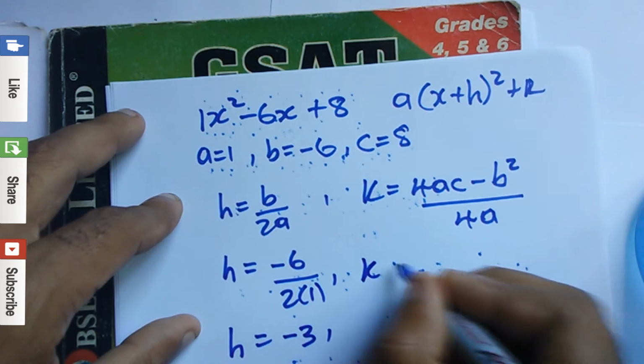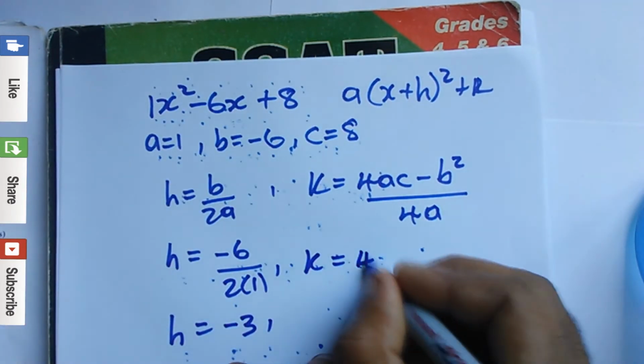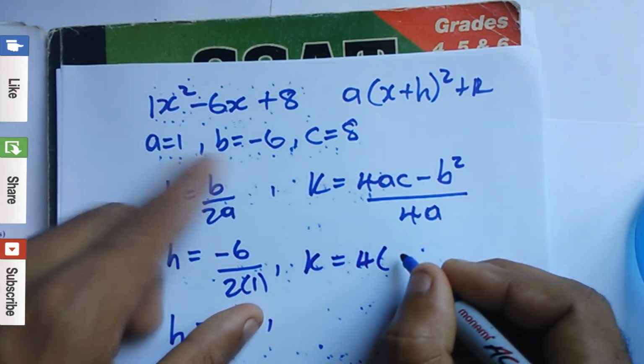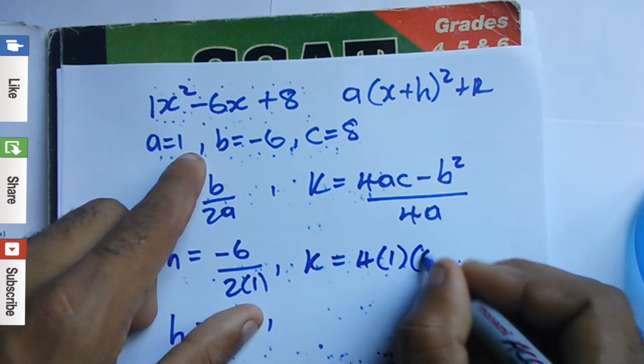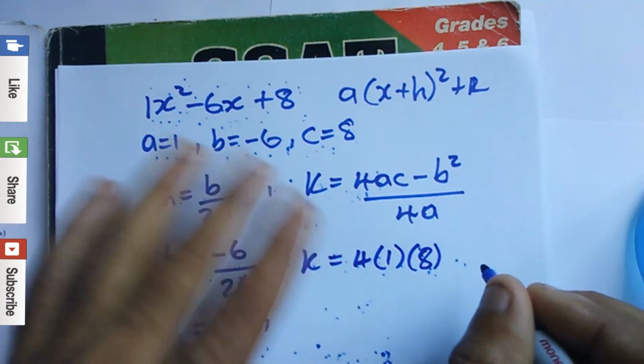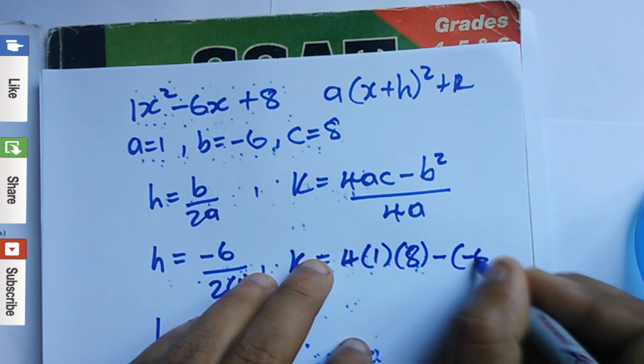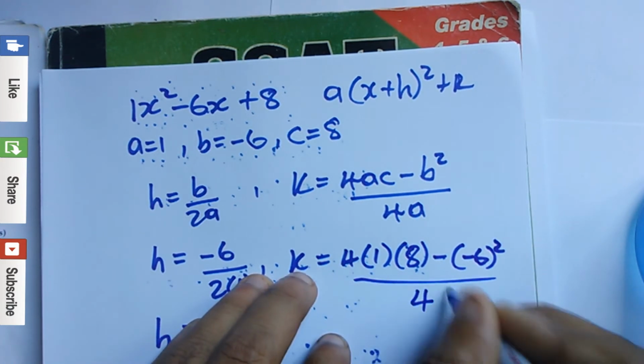So k is equal to 4 times 1 times 8, minus bracket minus 6 squared, divided by 4 times 1.